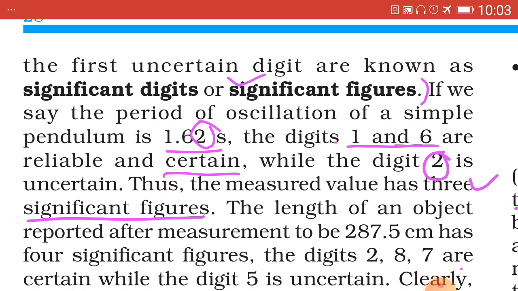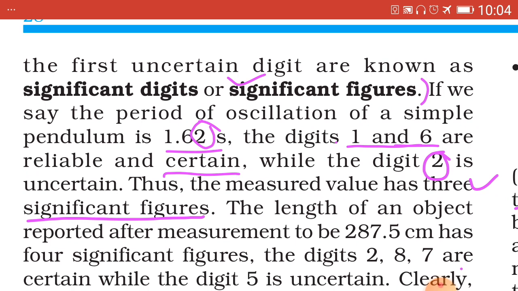Again I repeat, in the measured number, the reliable digits plus the first digit that is uncertain are known as significant digits or significant figures, generally significant figures.